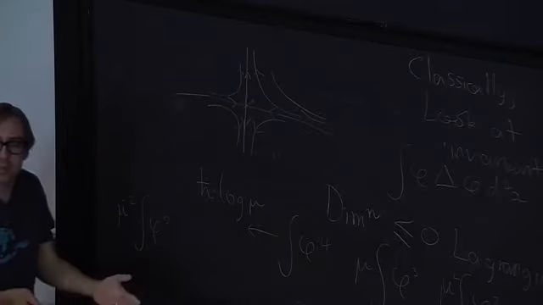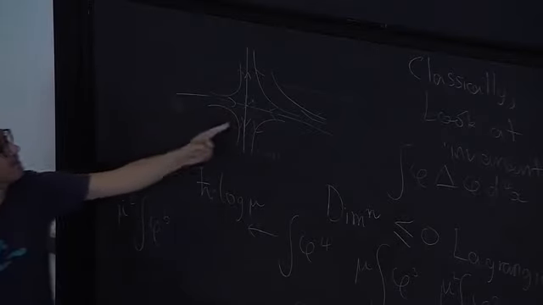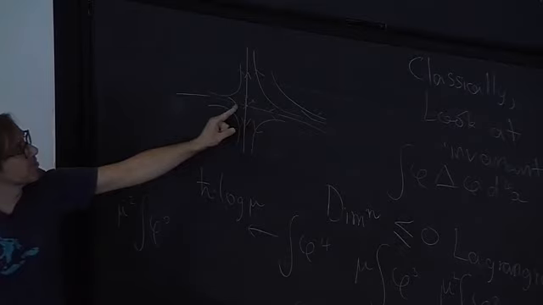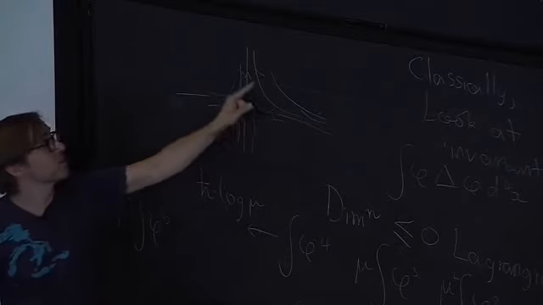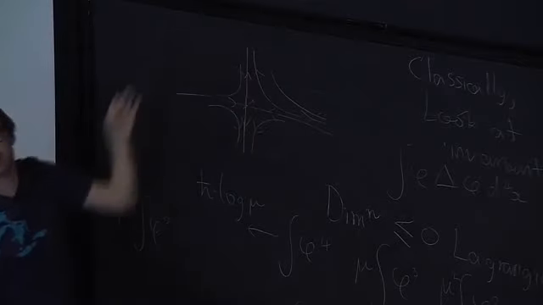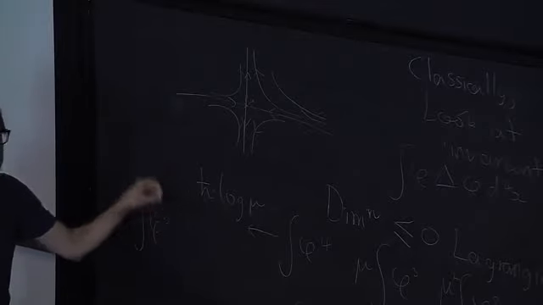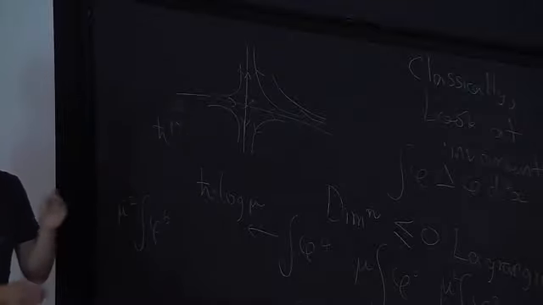When you work in perturbation theory in h bar, it's consistent to say you don't want to look at things which strictly flow to a fixed point. You want to look at things which only have logarithmic growth. Maybe they flow off, but not very fast. If you resummed these things, it might become h bar to the mu, which might become polynomial growth when h bar is an actual number.